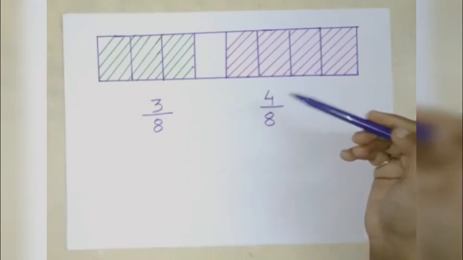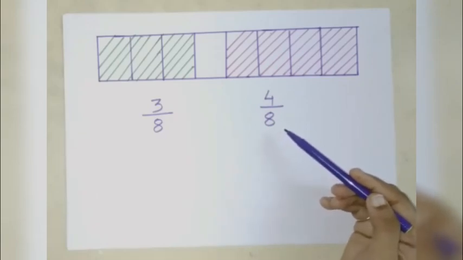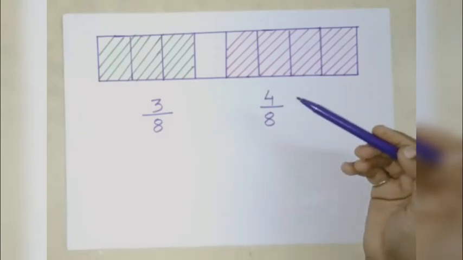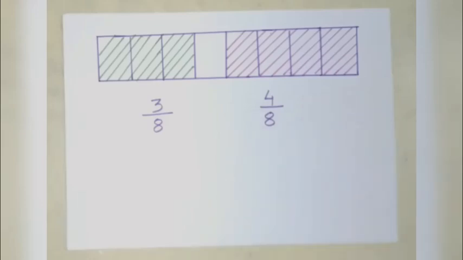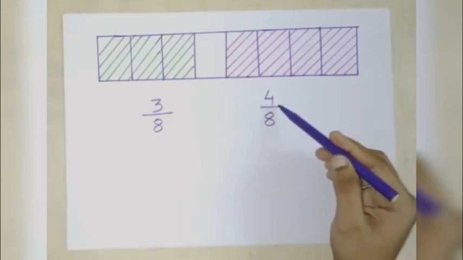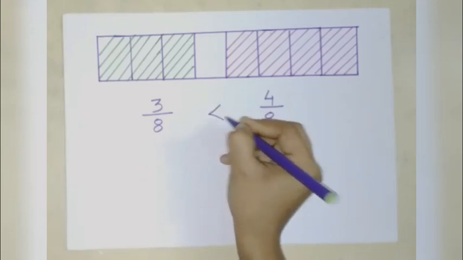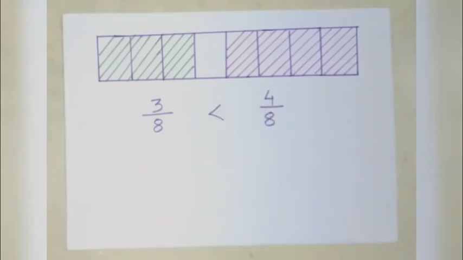And children, if denominators are equal, then the fraction with the greater numerator is the greater fraction. So children, which is the greater numerator? Yes, the greater numerator is 4. So this fraction is bigger fraction.